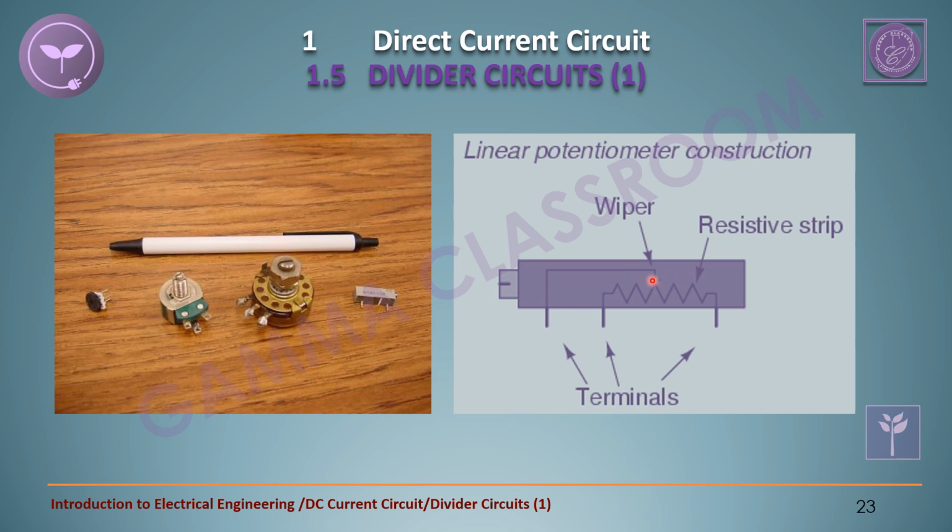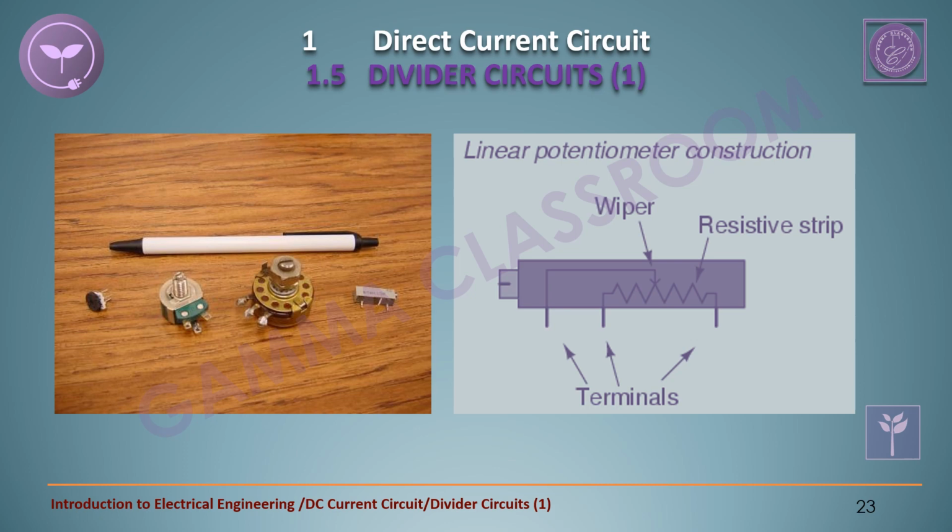If the wiper goes to the left, the voltage between this point and this point will go smaller, and in reverse, the voltage between this point and this point will go bigger. It is the same as the rotary potentiometer.